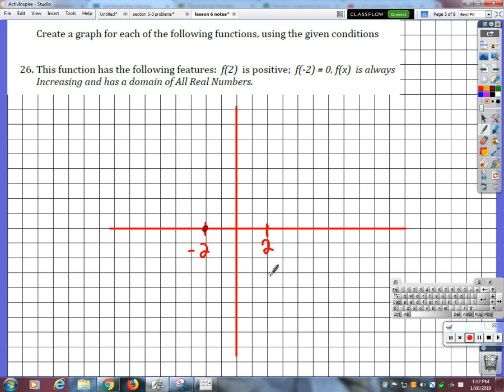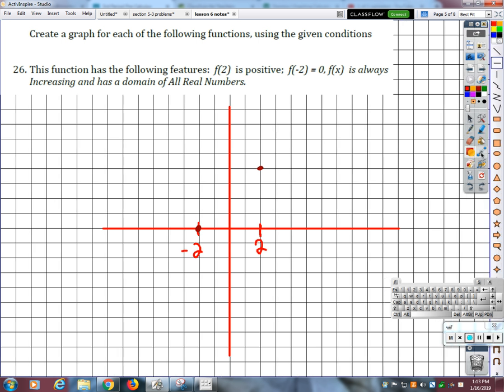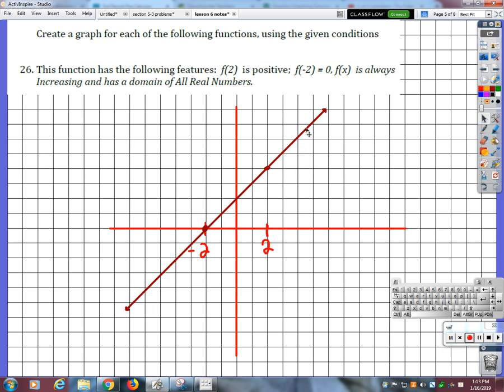Then it says the function is always increasing and has a domain of all real numbers. I'm going to put a random point up here somewhere. Then if we connect those dots, there.